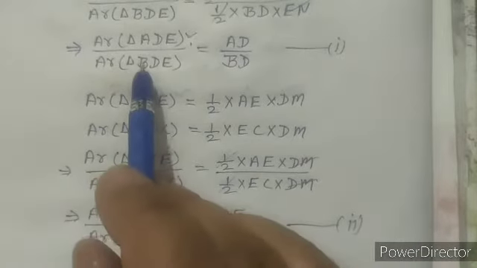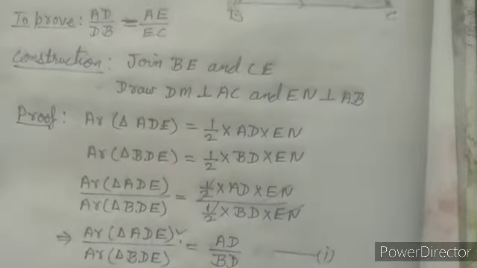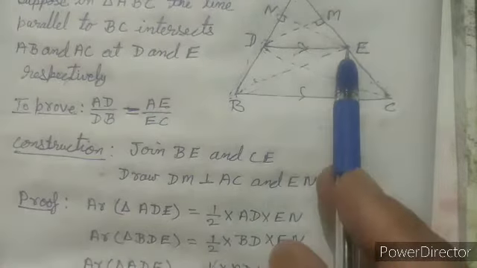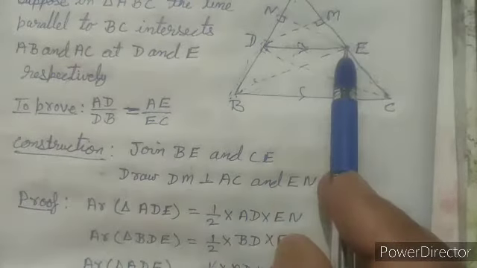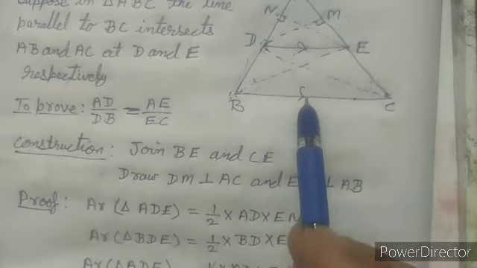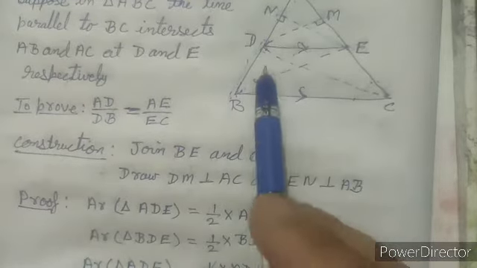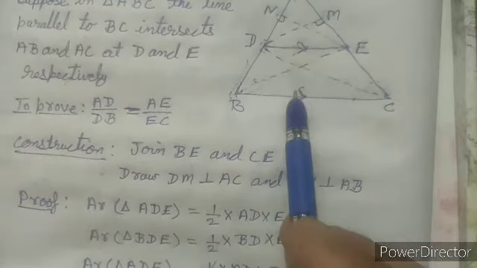Now as we know, triangles BDE and DEC are on the same base DE and between the parallel lines DE and BC. We have read in class 9th that triangles on the same base and between the same parallels have equal area.